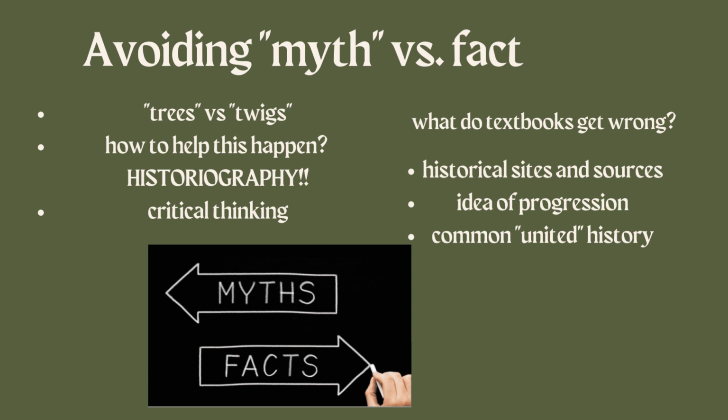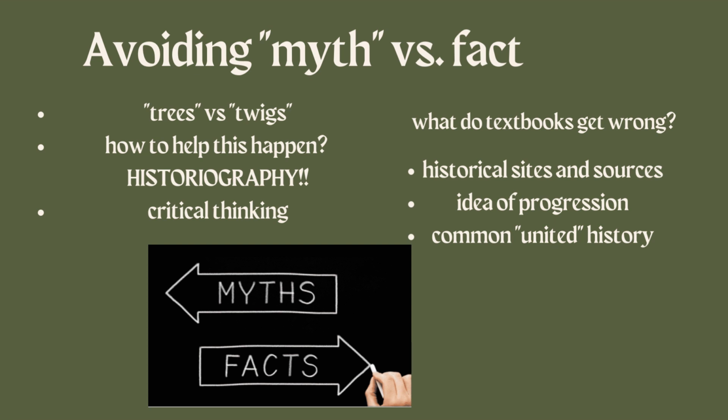Textbooks are also written, not necessarily biased, but with this idea of progression, right? The US is this common united history. And this excludes the historiography and the experiences and the awesome sources that we can get from other people. We're not all a common united history. There are a lot of different histories and cultures that play into United States history.